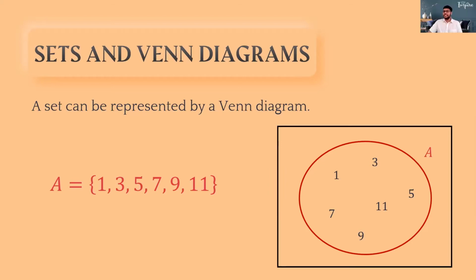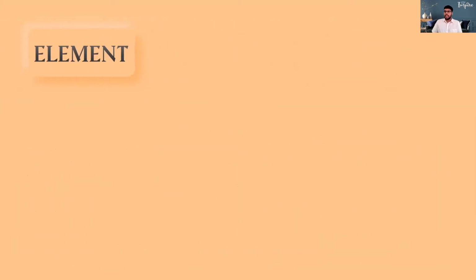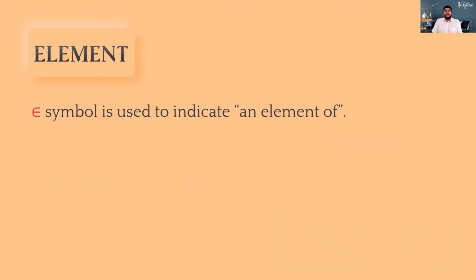Okay. So children, as I was saying before, we have the oval, which is set A, and we have the elements in set A written inside this oval, or the circle. Then children, what are the elements of a set? Remember, we discussed that the individual numbers are called elements.